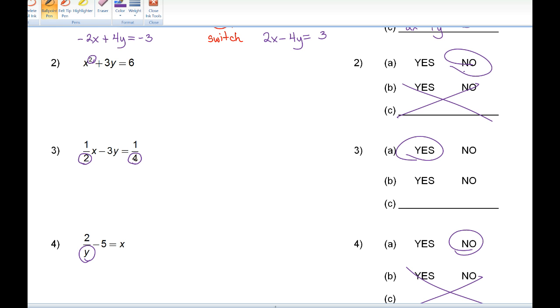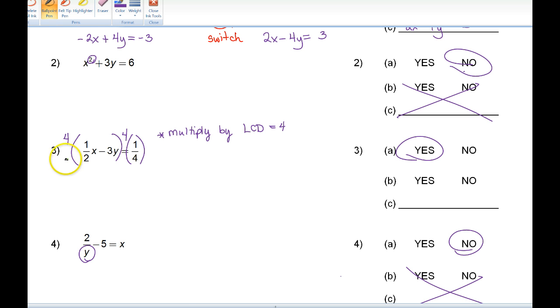Okay, I'm going to give you a hint. Do you remember the least common denominator? If you have a 2 and you have a 4, the least common denominator will be 4. Think about when you have to find a common denominator when adding fractions. So if I multiply both sides by 4, it will get rid of all of our fractions.